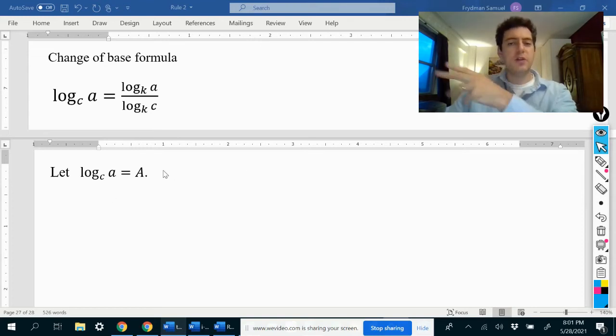Again, like we did in the last video, I'm just going to have some number lowercase a. And if I take the log of that base C, then I would get some number for that.